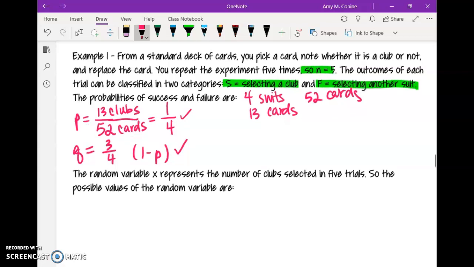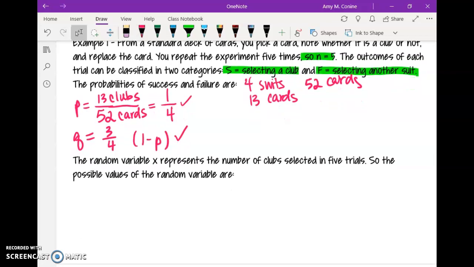And then the random variable X represents the number of clubs selected in 5 trials. So the possible values of the random variable are: if X represents the number of clubs you get within those 5 trials, you could pick 0 clubs. All 5 trials, you don't get one.